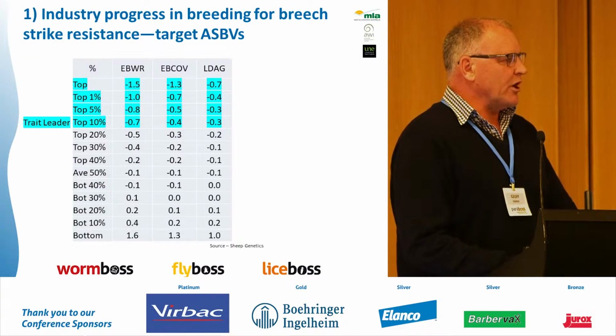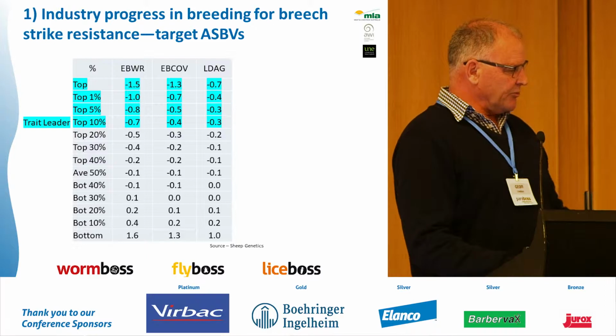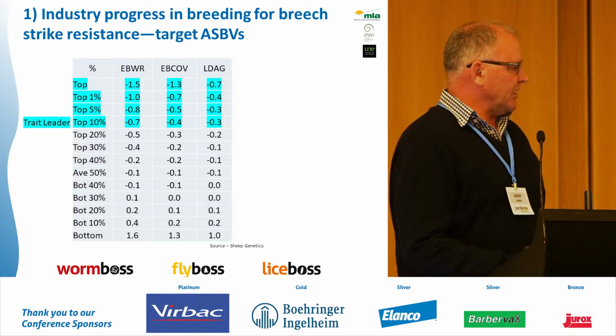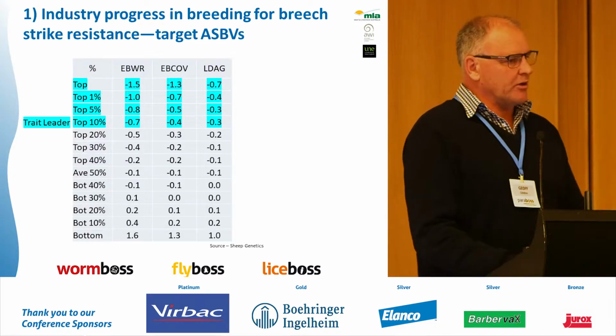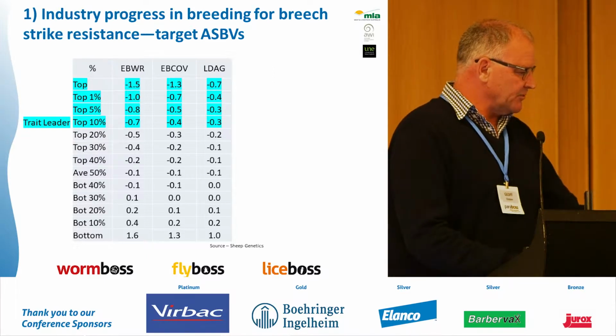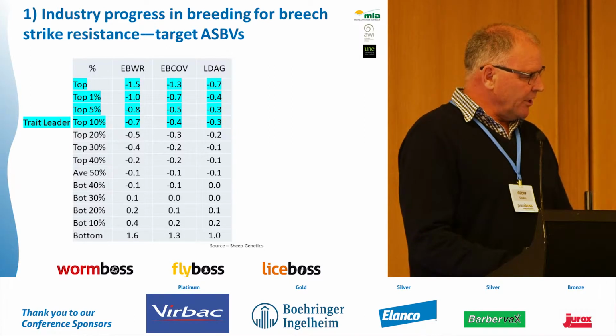So if we have a look at the merino breed, this is the frequency distribution of these risk factors: early breech wrinkle, early breech cover and dag. And there you can see their scores. So the top is minus 1.5, so the 1.5 wrinkle scores less than what they were when we first started this in 2009.